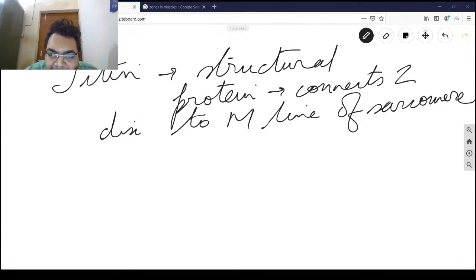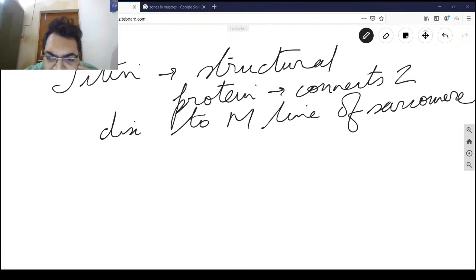The H zone is in the A band, so the A band and I band are tightly associated, the entire sarcomere from one Z to the next Z. So the entire sarcomere is stabilized, and its position is not destabilized. That is the work of titin.